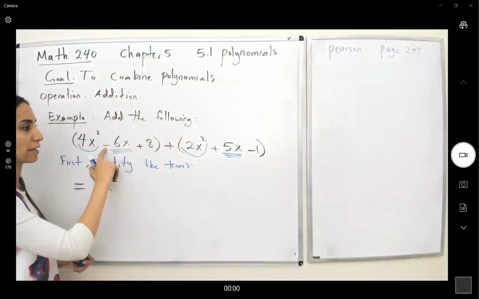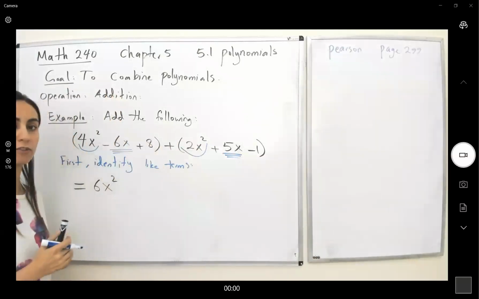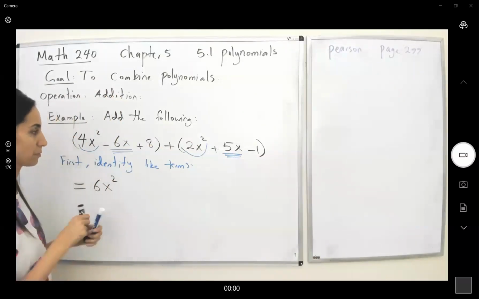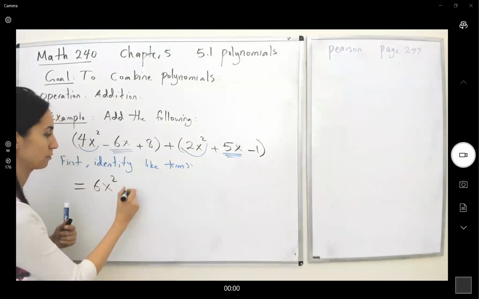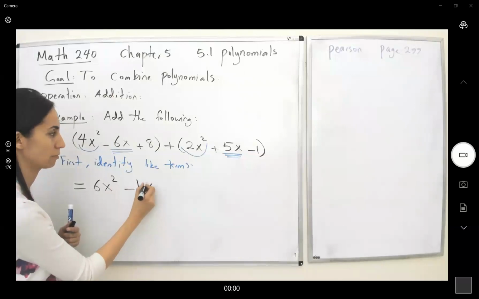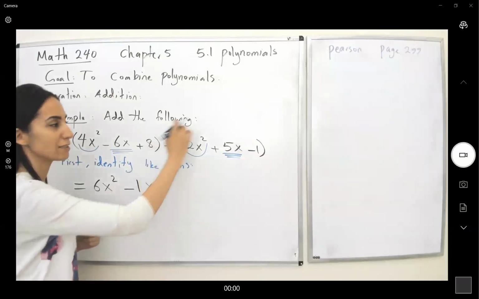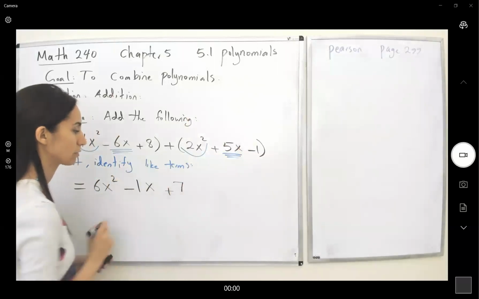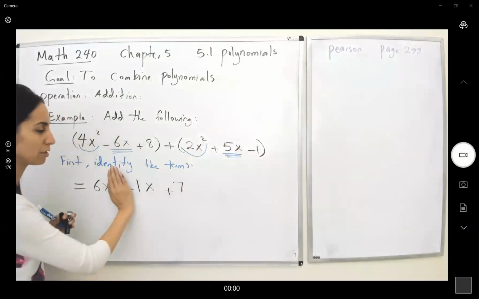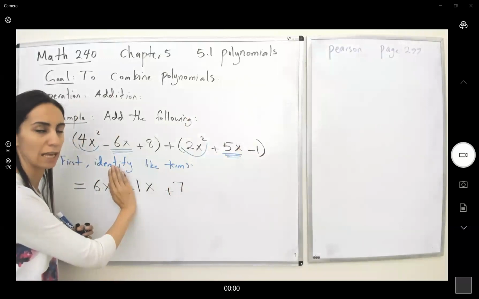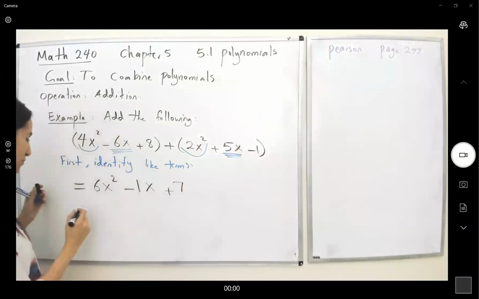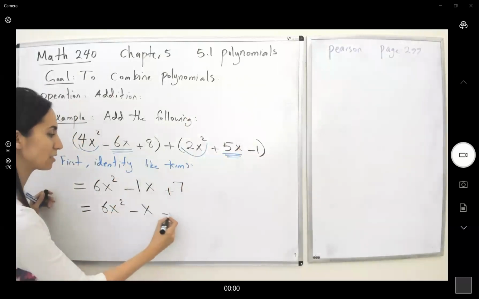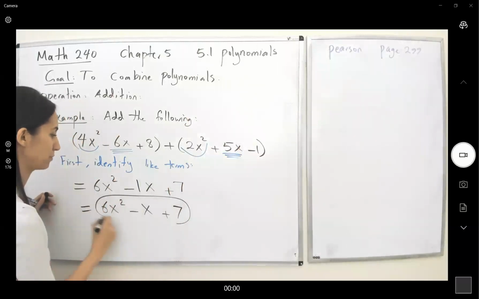So this is negative 6 plus 5, which gives you negative 1x. And finally, 8 minus 1, which is 7. Remember that for simplicity, 1 times x can be written as just x. So this is equal to 6x squared minus x plus 7.